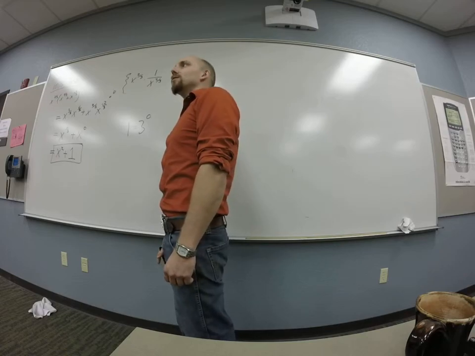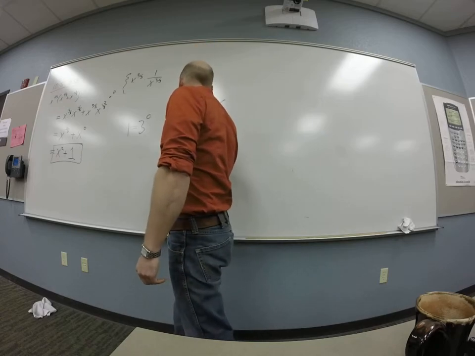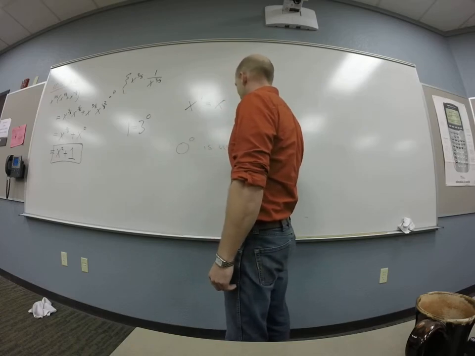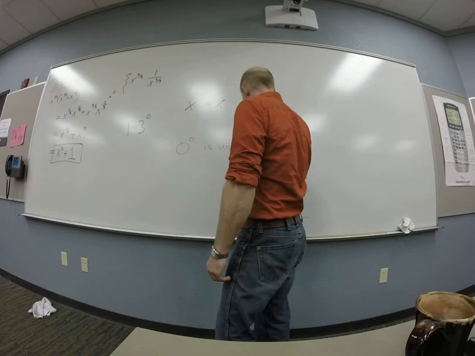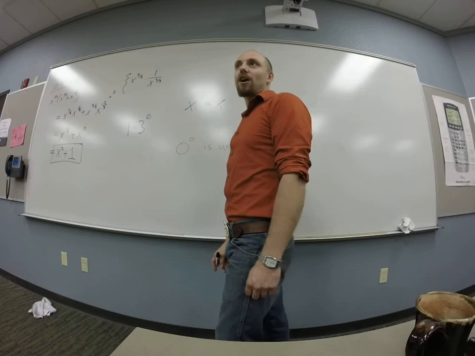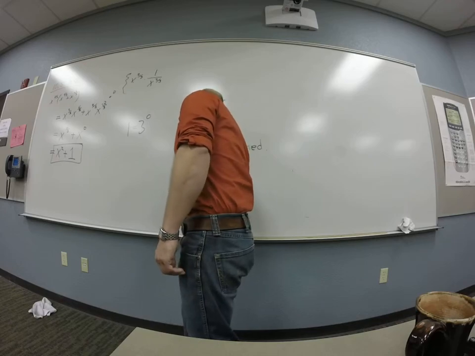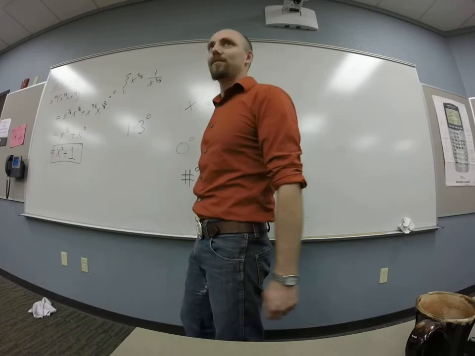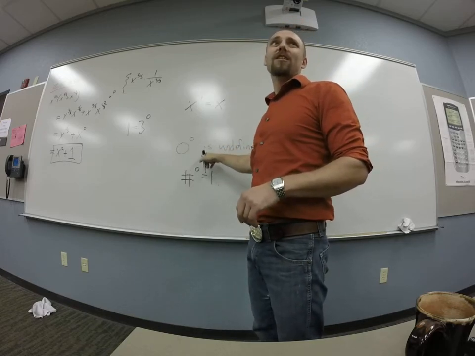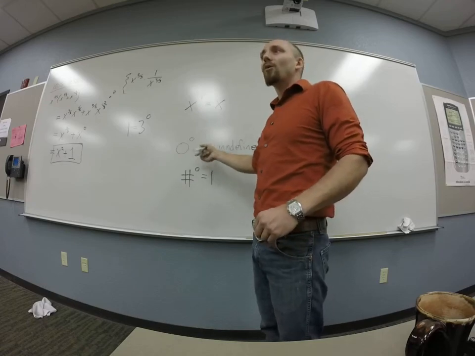What does that mean? Don't go there. 0 to the 0 is undefined. I remember this rule. But number to the 0 is 1. This one's weird. It's like you're not allowed to divide by 0. I don't know what 0 to the 0 is.